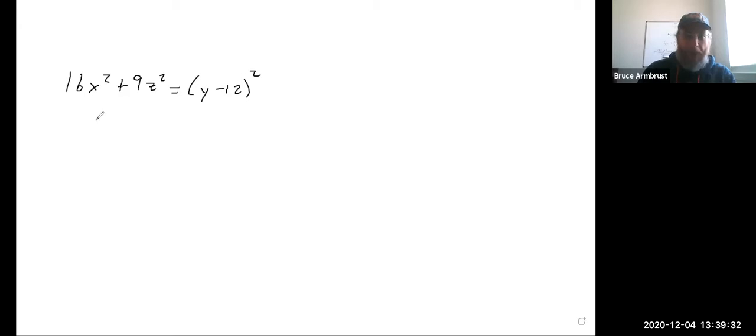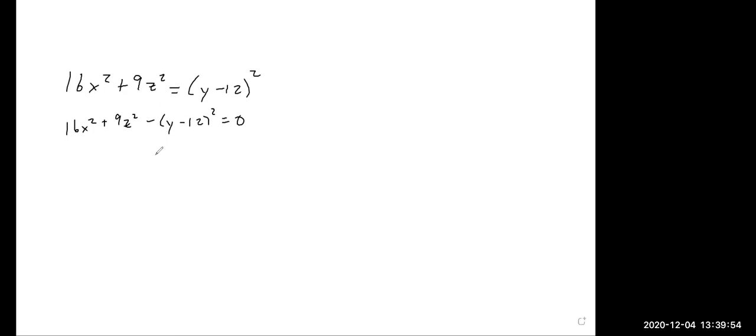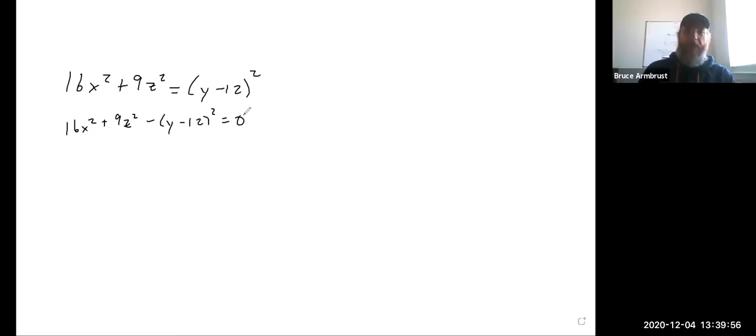If we put it into the form you saw when you learned about quadric surfaces, it would look like this. Ellipsoid would have been if that was plus. Now I'm thinking cone. Yeah, it totally is a cone because it equals 0. All right, so this is a cone.